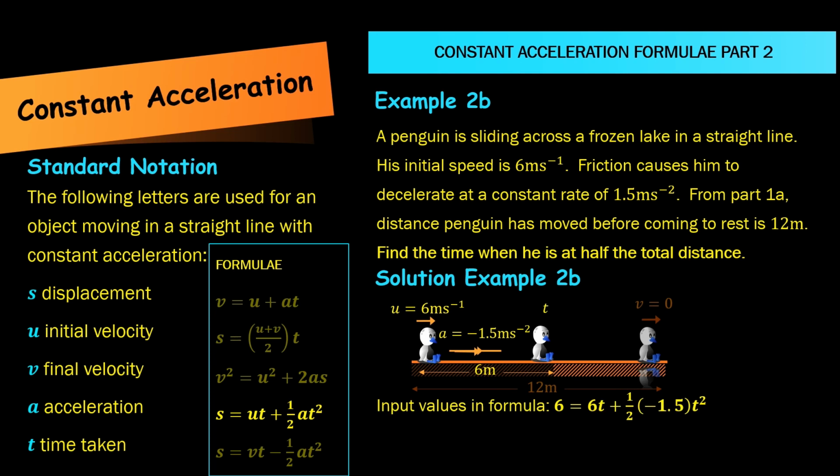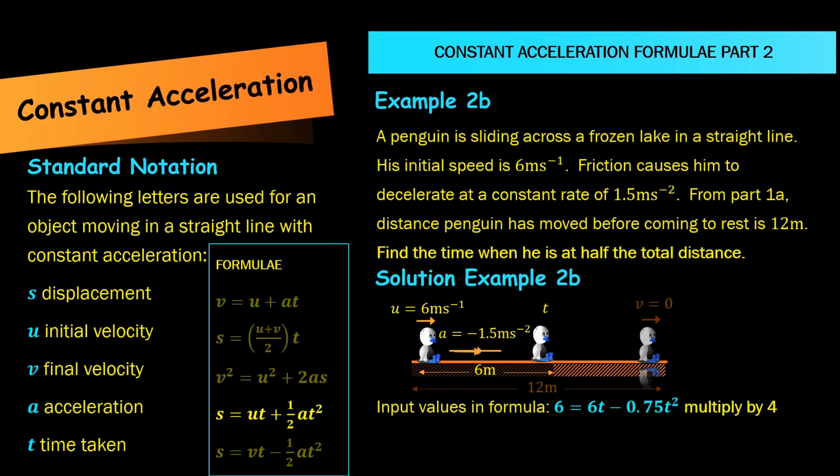So let's plug in the values. S equals 6, u equals 6, t we're required to find, a half which is part of the formula, a equals minus 1.5, and here's our formula.